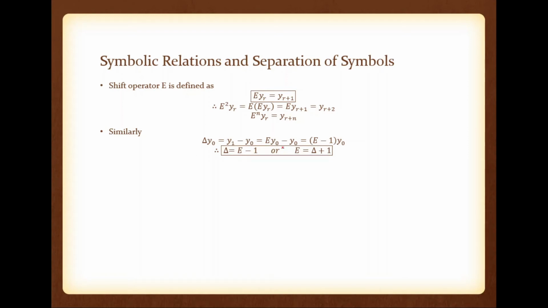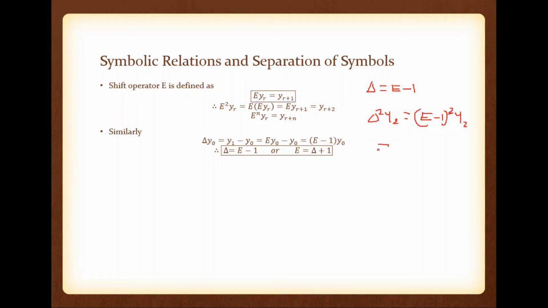What is the beauty of this operator? If delta is equal to E minus 1, then if somebody is asking what is delta square Y2, what is your answer? Delta is E minus 1, so delta square is E minus 1 square into Y2.